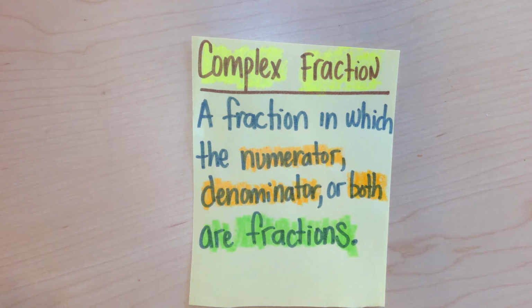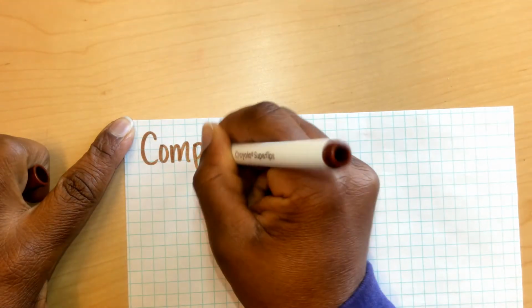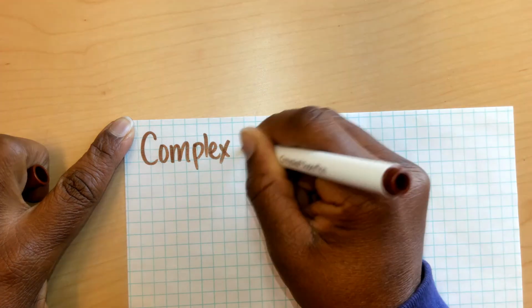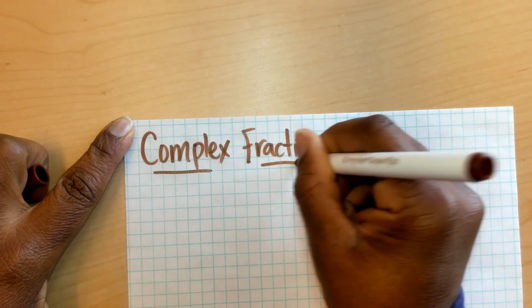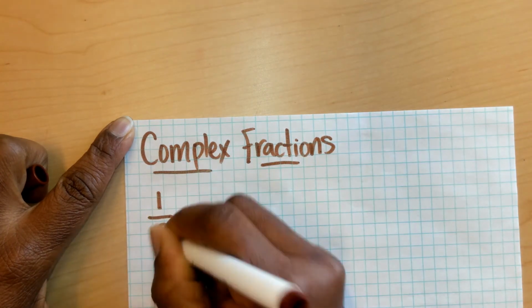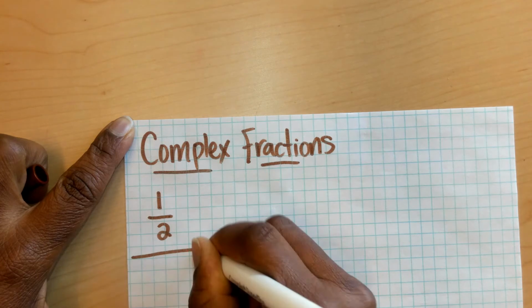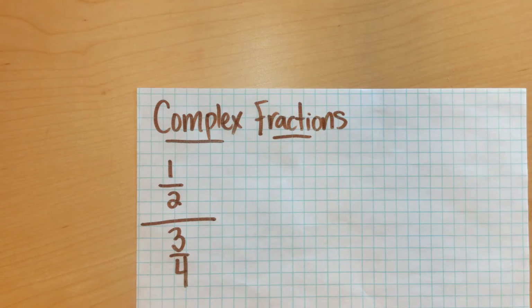Okay, so let's take a look at an example of a complex fraction. If I have a fraction in my numerator or denominator, such as this one half divided by 3/4. This is called a complex fraction.